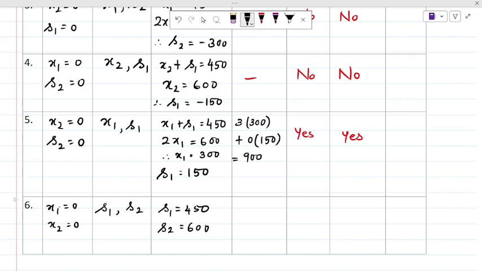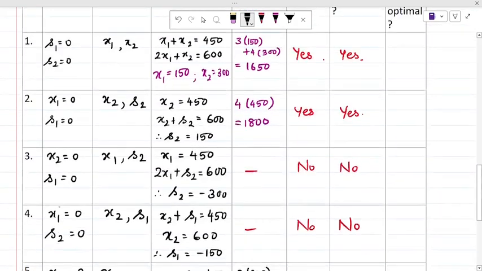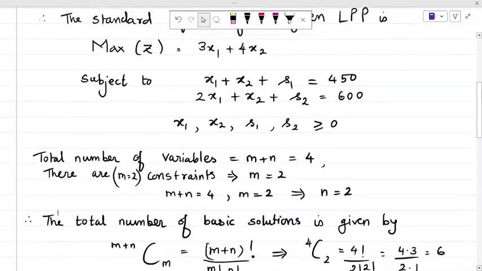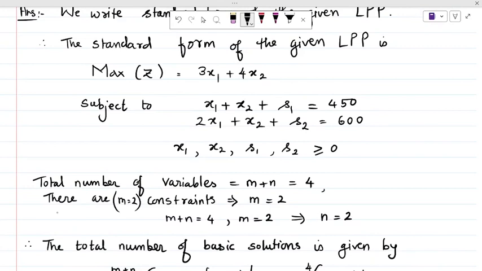Now is this solution a feasible solution? Yes, it is a feasible solution, but the value of the function that we are optimizing will be 0, because in the standard form the coefficient of s1 and s2 is 0, 0 s1 plus 0 s2.